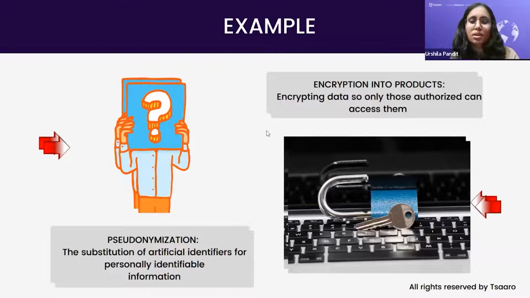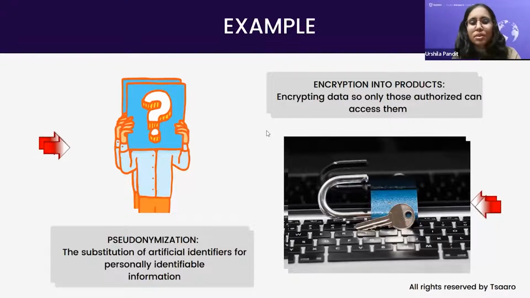So that's why we talk about security principles as well. So an example here is encryption. Using encryption technology, say when you are transferring sensitive personal data or when you're storing sensitive personal data on a device, this could be an example of privacy by design.